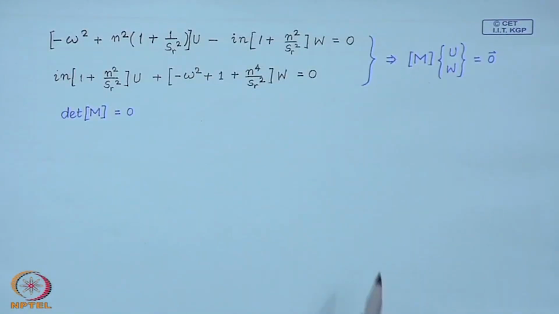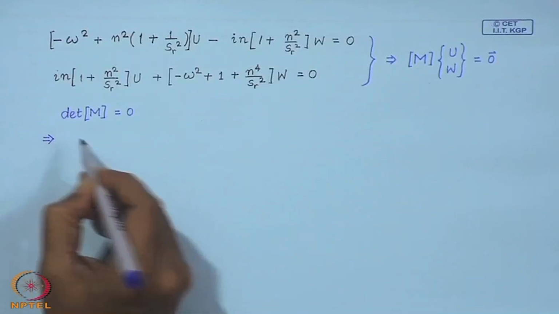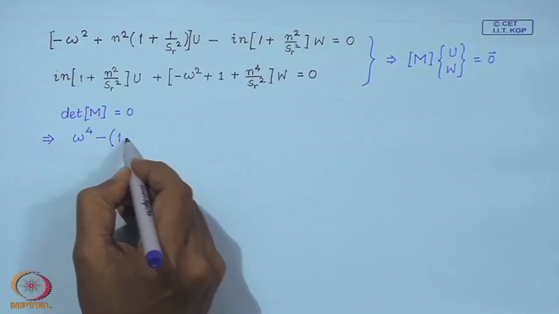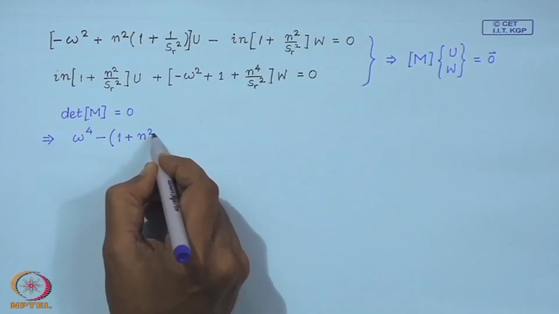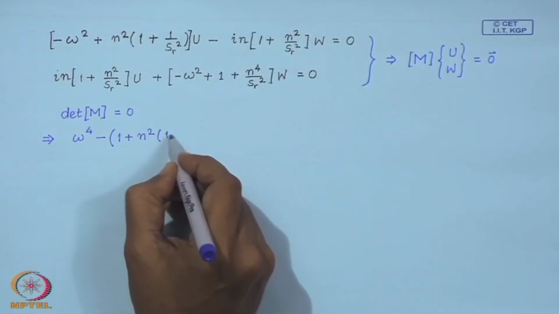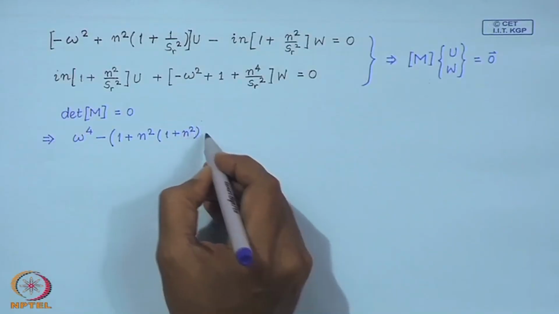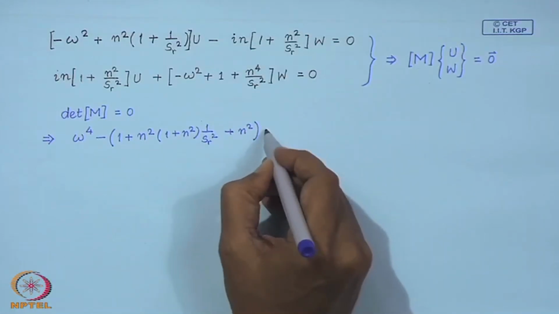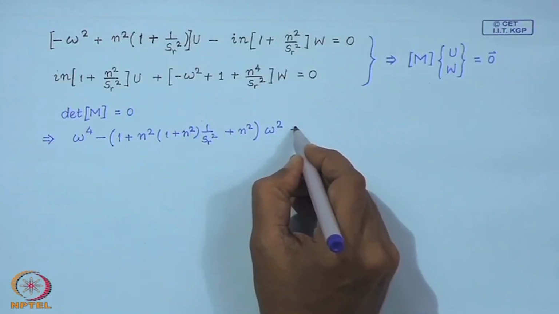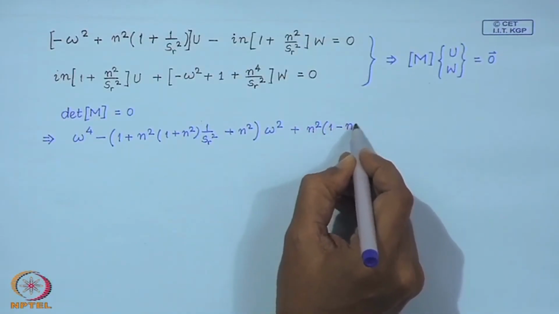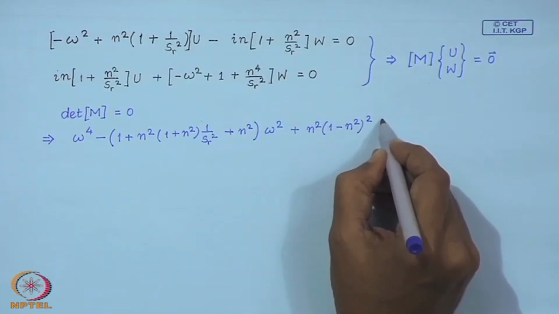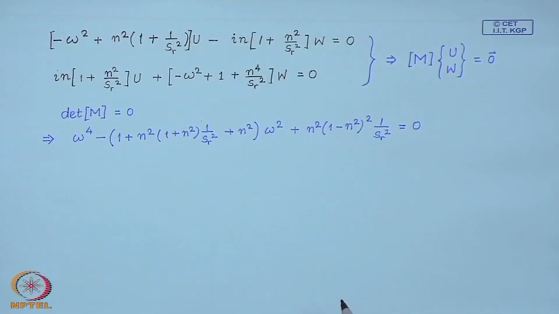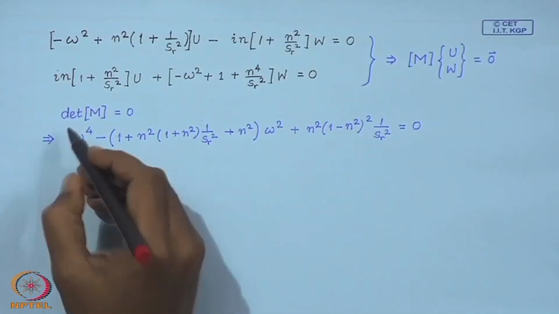For non-trivial solutions of U and W, that leads us to the characteristic equation, which can be obtained easily. So, this is our characteristic equation.